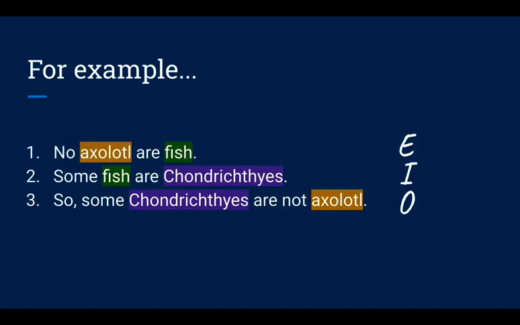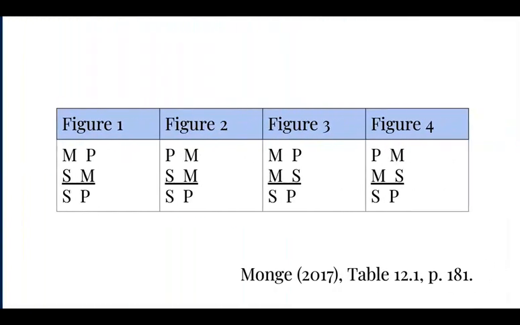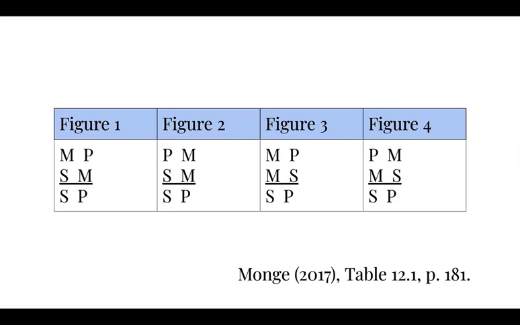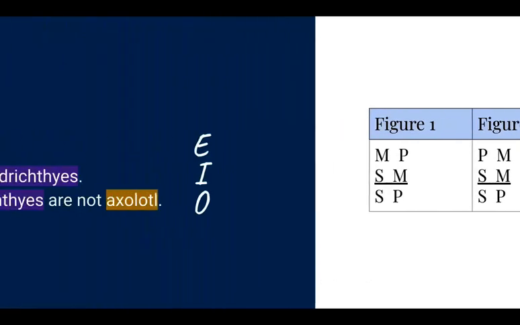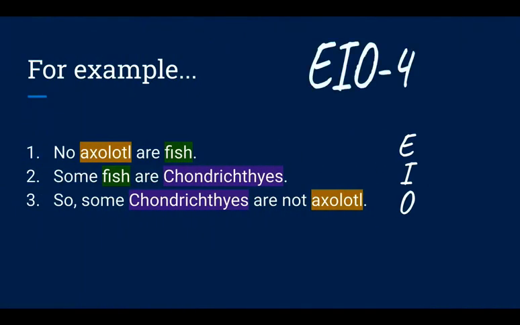The middle term appears in the predicate in the first premise and in the subject in the second premise. So that means that we are looking at a figure 4. As you can see, in figure 4, the middle term is the predicate in the first premise and the subject in the second premise. So we are looking at an EIO 4.